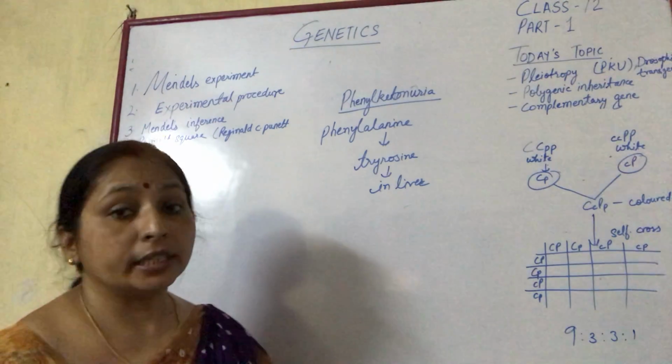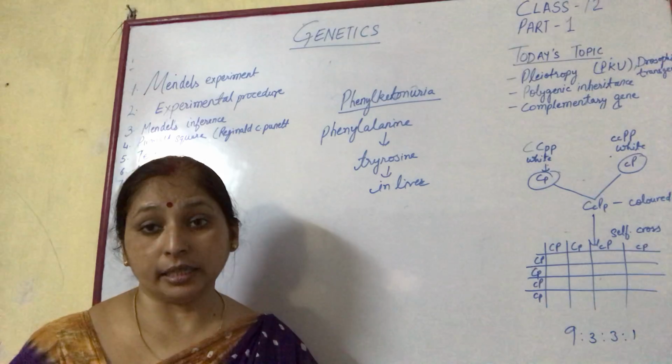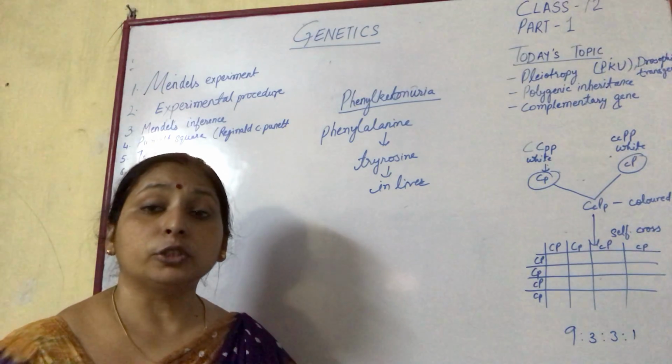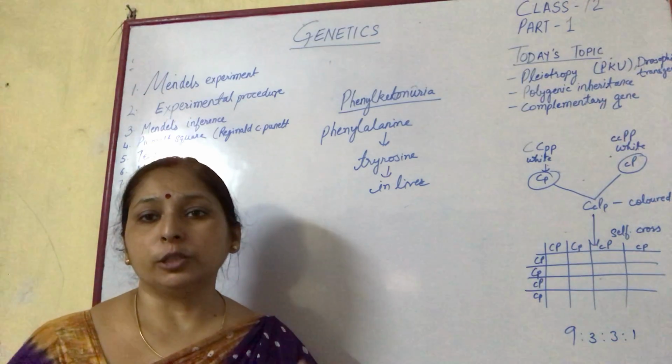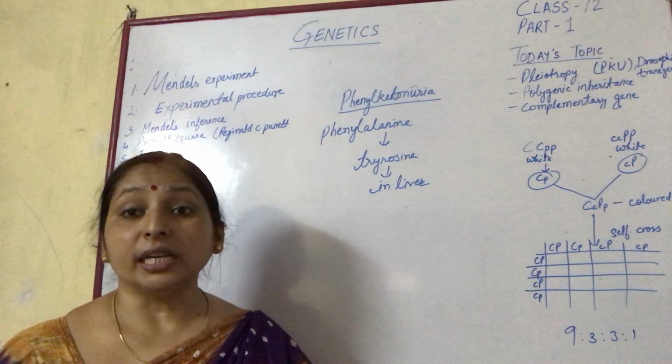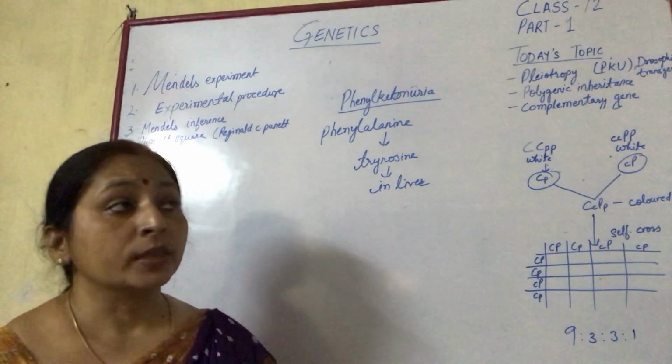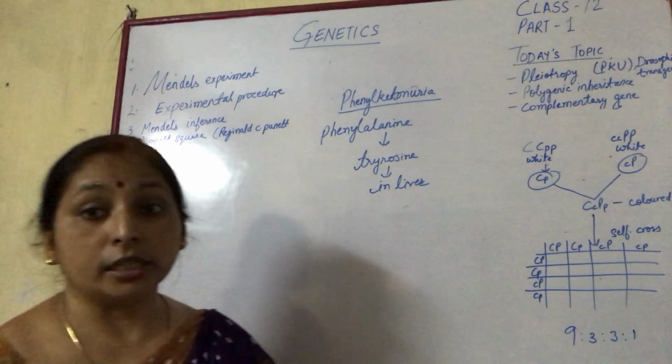Next, there is polygenic inheritance. Polygenic inheritance is when a dominant gene is totally or partially able to express itself. This is given by Galton.